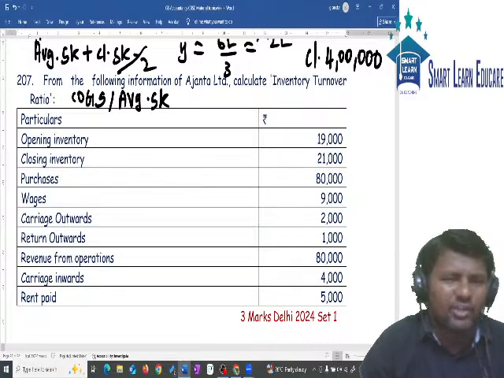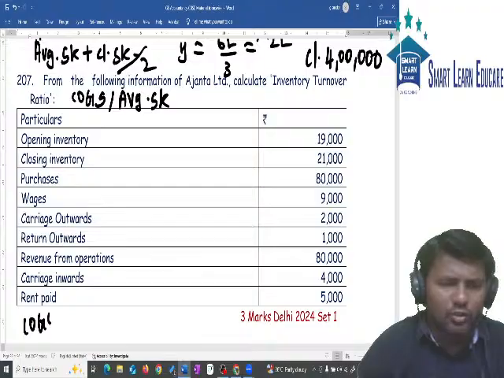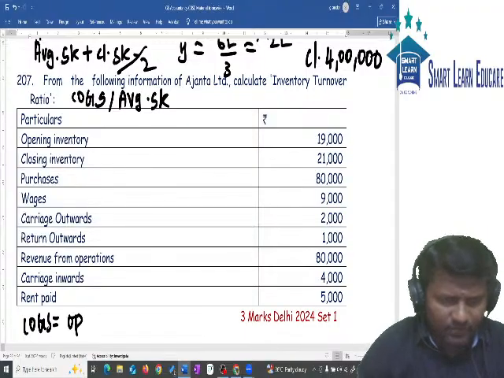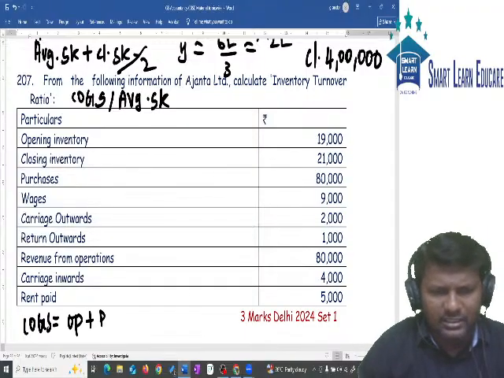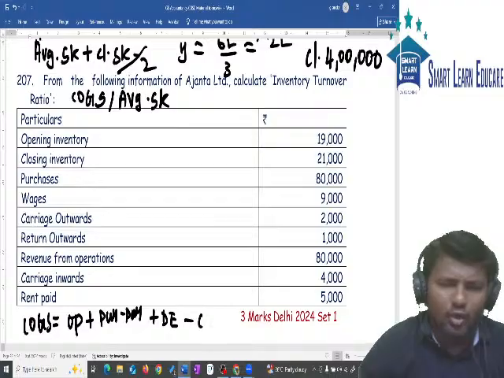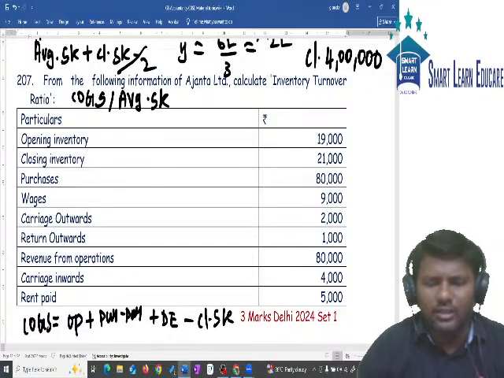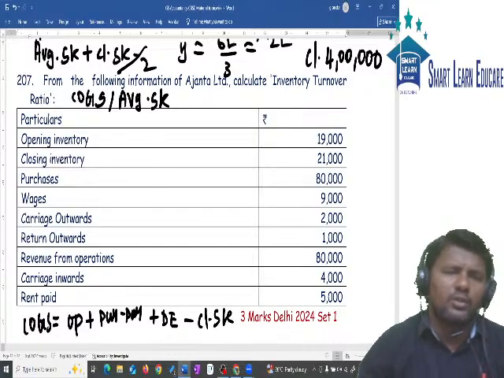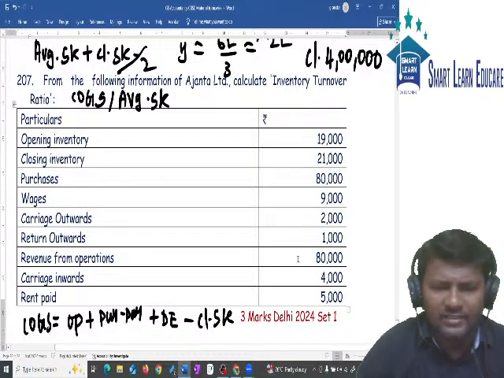Cost of goods sold is opening stock plus purchases minus purchase return plus direct expenses minus closing stock. Substitute the formula and you will get the answer.